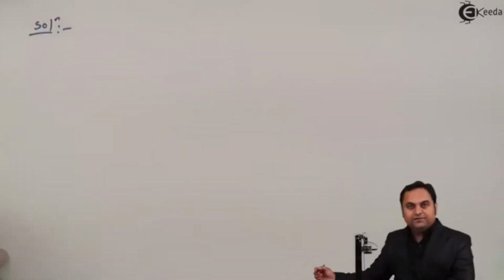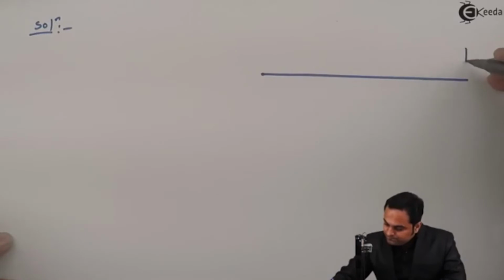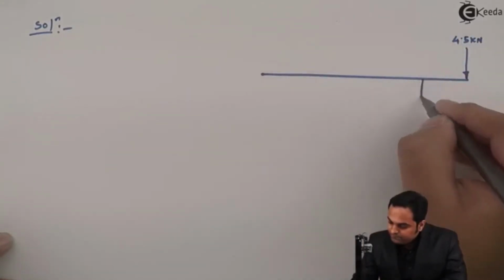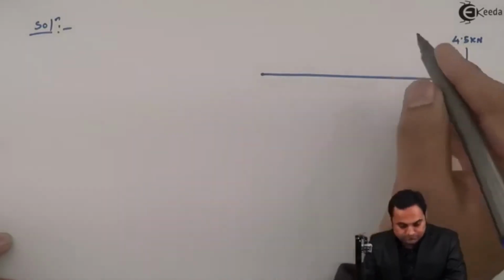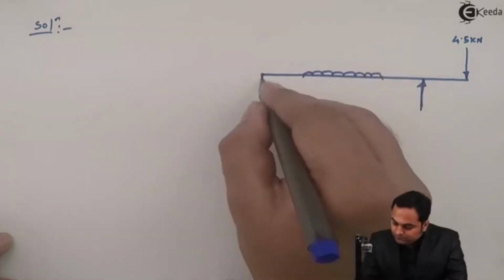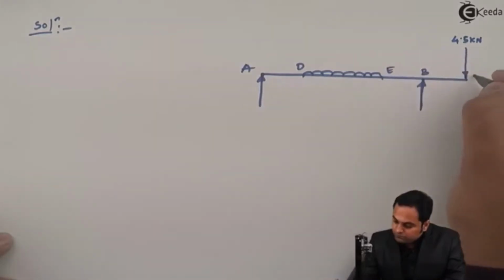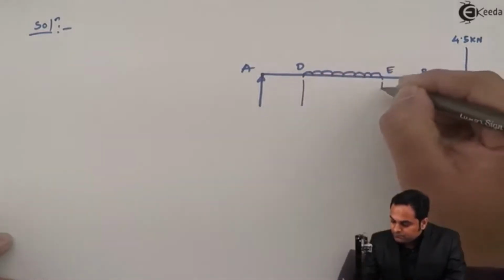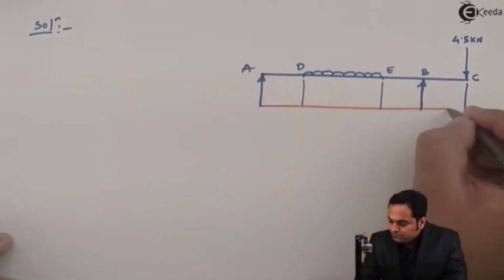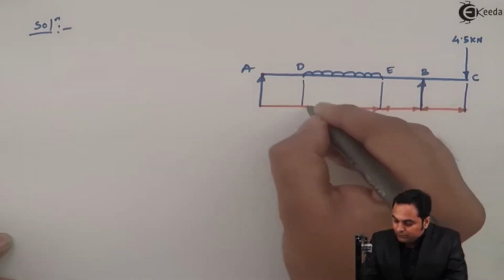So drawing the beam again, here I'll mark the distances which are given in the problem.